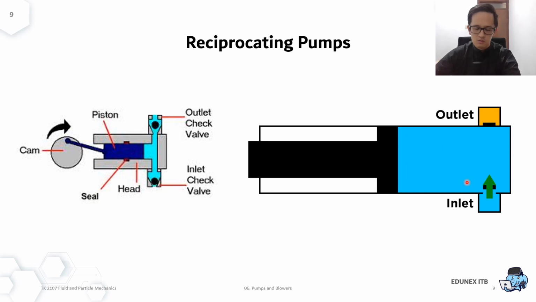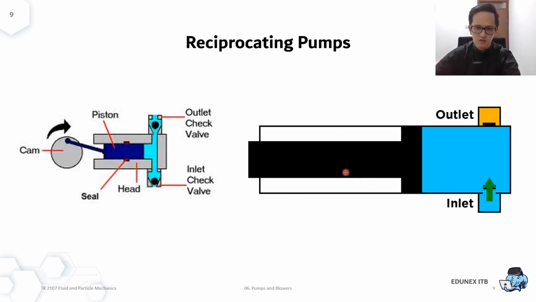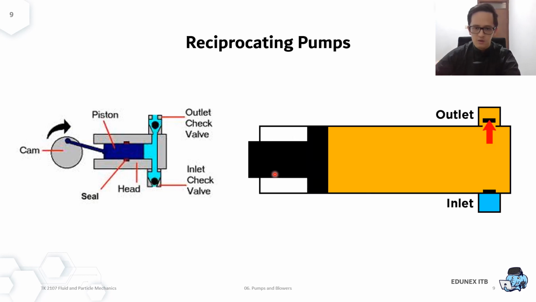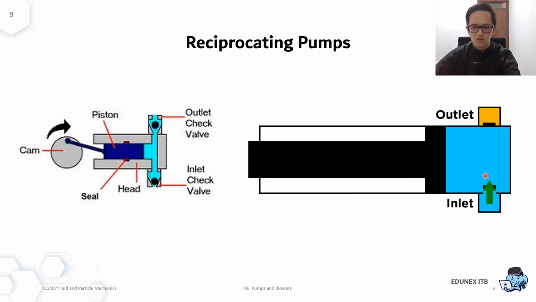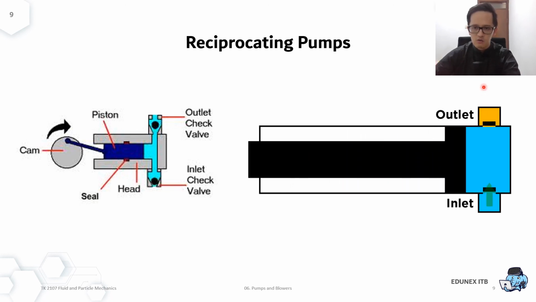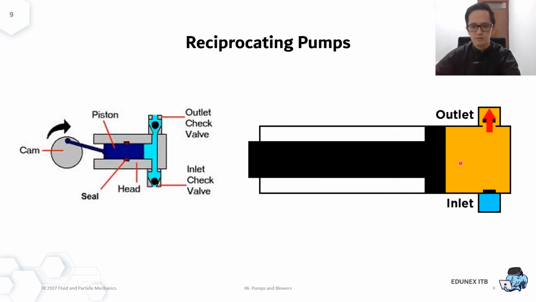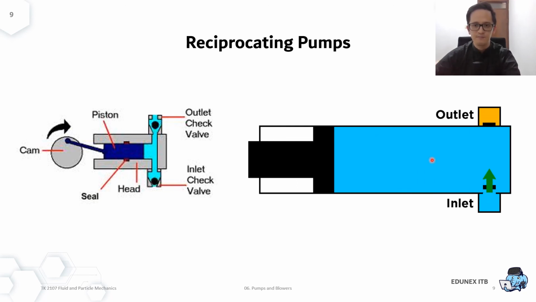So it could be said to be an expansion process because the volume increases. And then when the piston moves in the opposite direction, to the right, it will push the fluid out of the enclosed system of the pump at a higher pressure because of the piston movement.